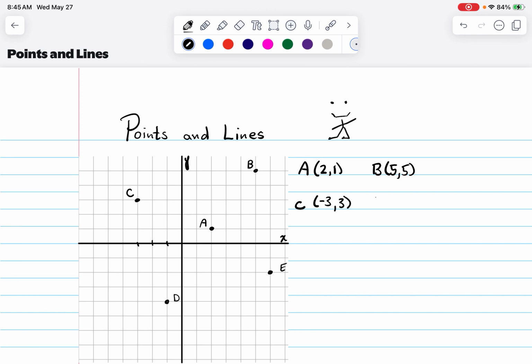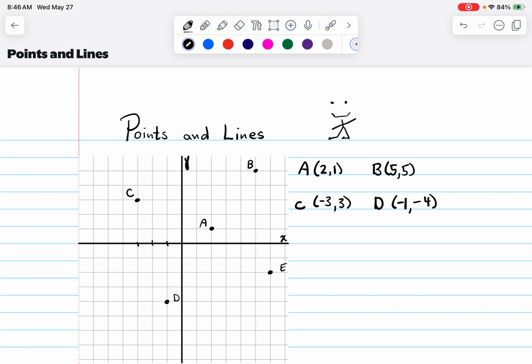As far as D goes, I'm going to the left 1, so I go down 1 right here. And then I go down 1, 2, 3, 4. So I go left 1 and down 4. There we go. Okay, so that's that point.